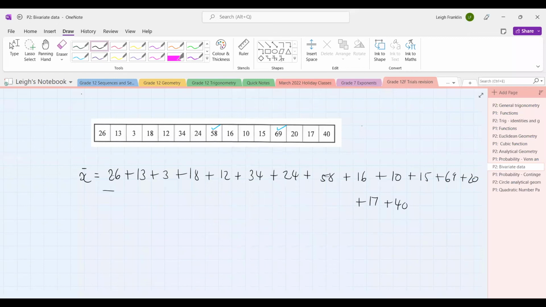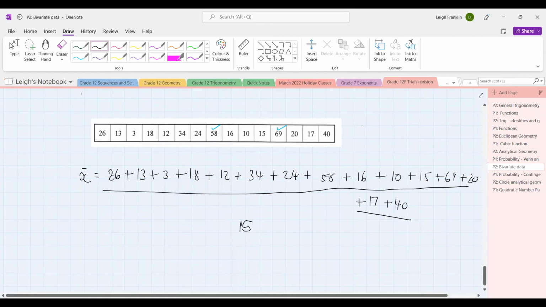Okay, so all of that has got to be divided by how many pieces of data we've got. So in this case, we've got 15 pieces of data. So if we added all those numbers together in the numerator and then had 15 in the denominator, we would work out that our average would be 25. So that's how a mean is calculated, by adding all of them together and dividing by how many we've got.